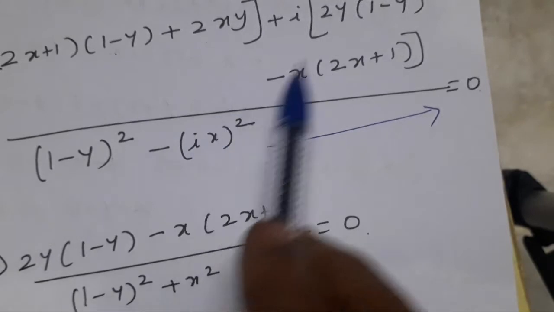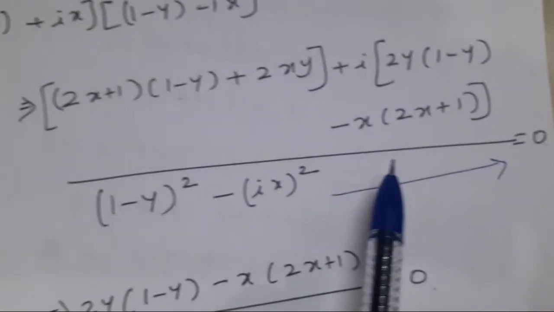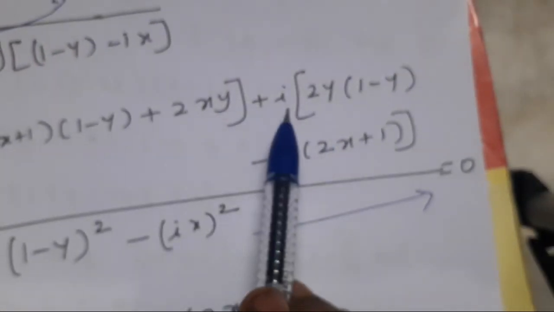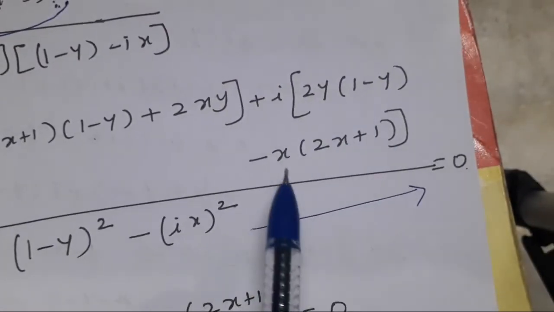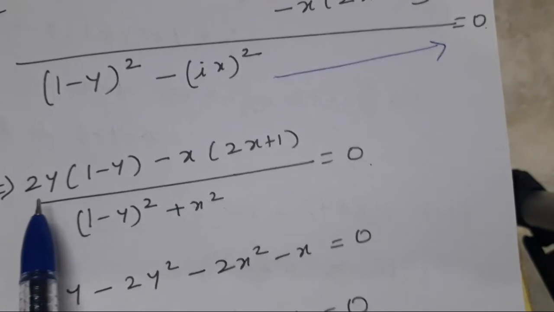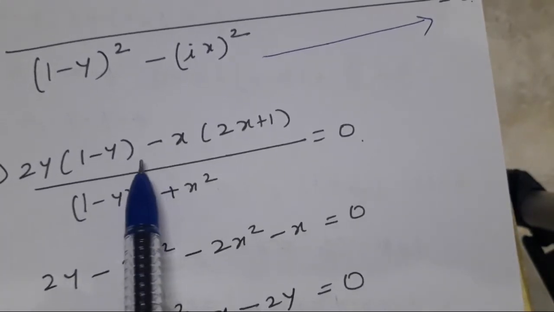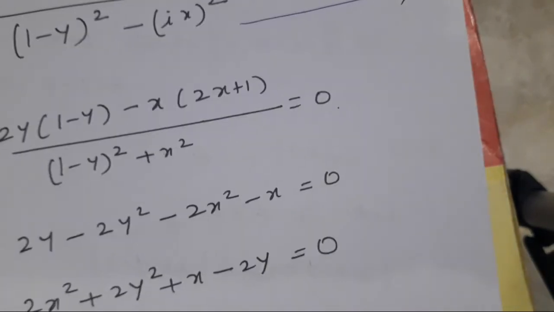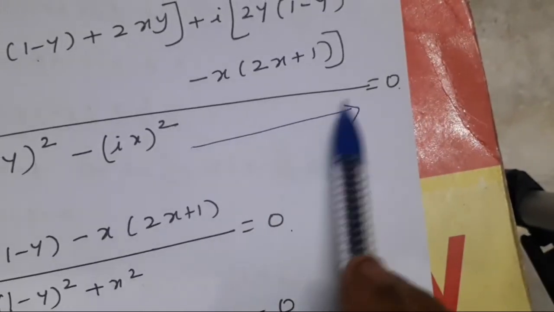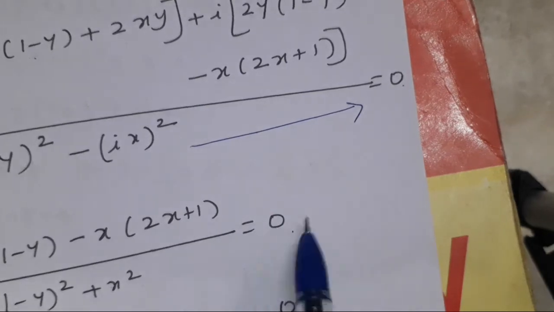So now we take only what part? Imaginary part. The question itself is given, the imaginary part of (2z + 1)/(iz + 1). So we take only the imaginary part: 2y into (1 − y) minus x into (2x + 1) is the imaginary part. Only that value we take, enough for you. Now divide by a squared minus b squared, 1 minus y squared plus x squared. Otherwise, at this step itself we multiply with 0, the value becomes 0.